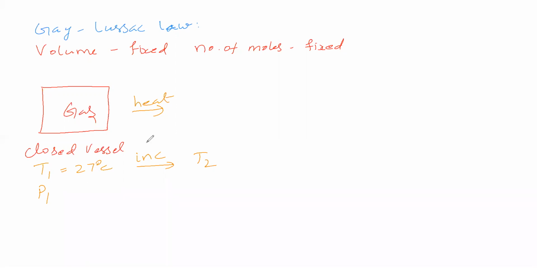Now what happened to the pressure, that we will see. We supplied heat, the gas is absorbing heat, so the kinetic energy of the gas increases. So the velocity of gas molecules increases. The collision effectiveness will be high. As collision effectiveness increases, the pressure also increases.